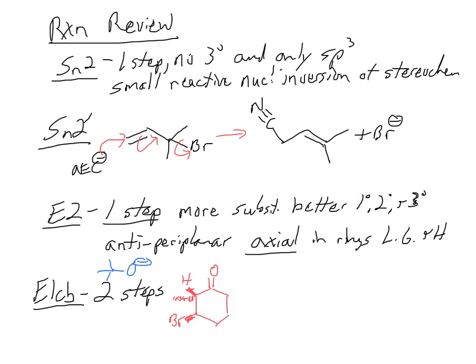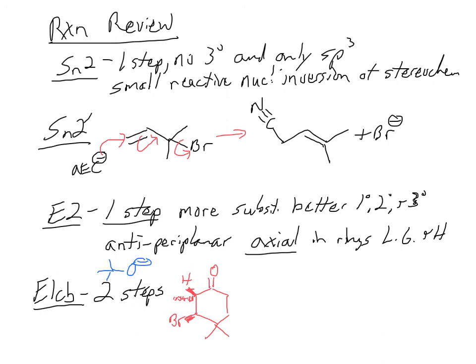It just can't happen. They're always going to be cis. And let's just say I'm blocking these two spots too. I'm putting two methyls down there. So now nothing can be anti-periplanar to that bromine in this ring. Nothing can be anti-periplanar to it. The bromine can be axial, but this H then will be equatorial. Nothing will be anti-periplanar to it.